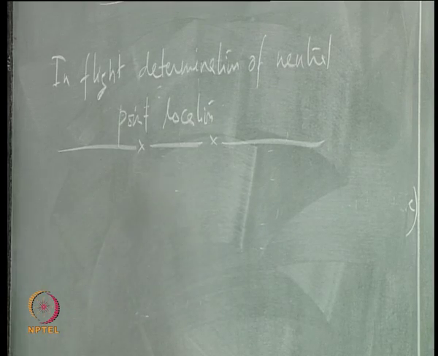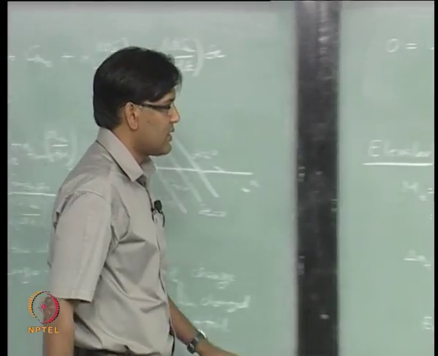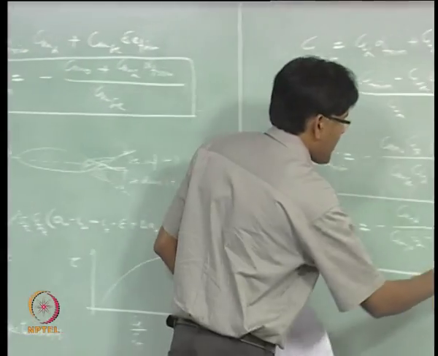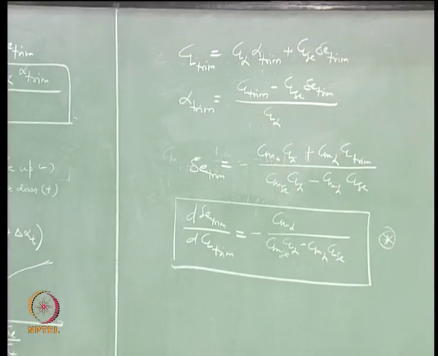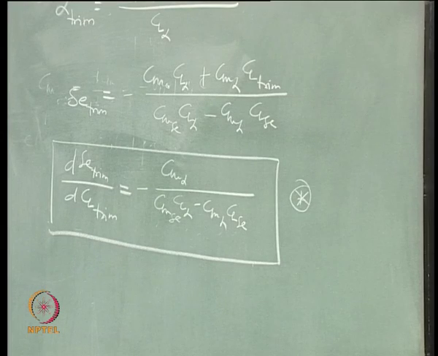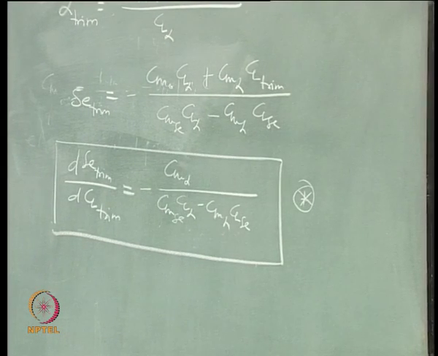Let us just look at this formula. I am going to use this. This is one test that you are going to do. Okay, when you are going to go for flight test lab, there is one test you have to do.